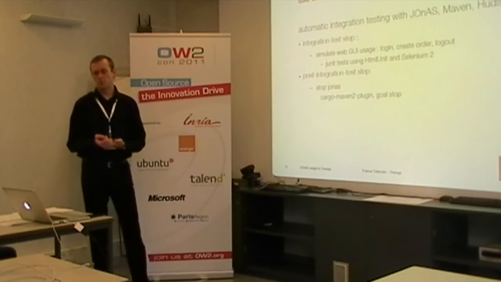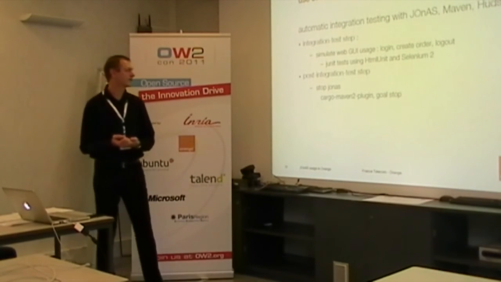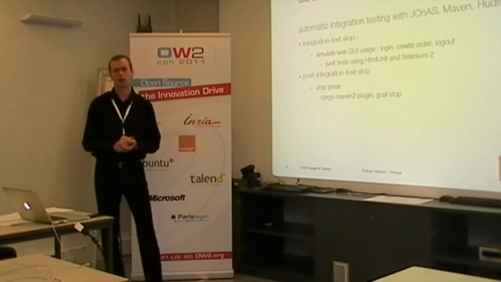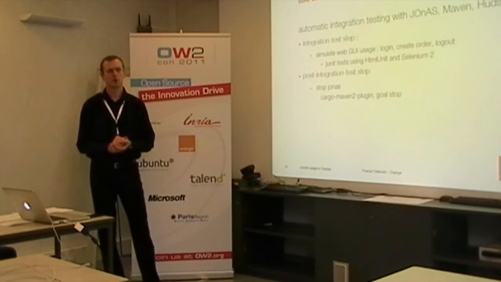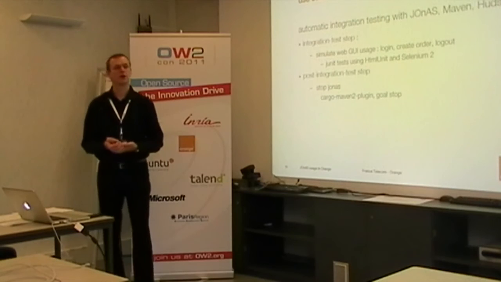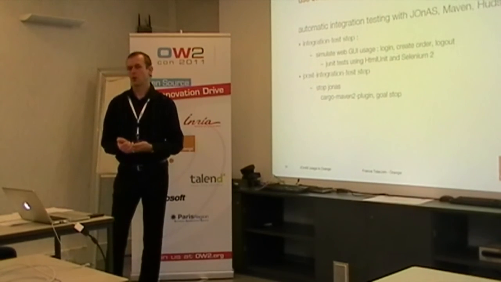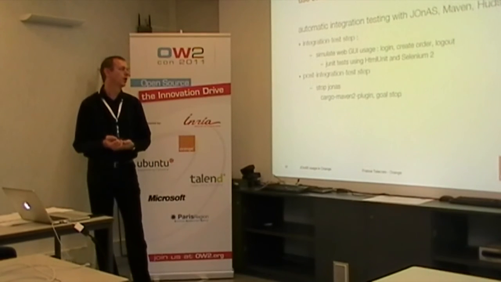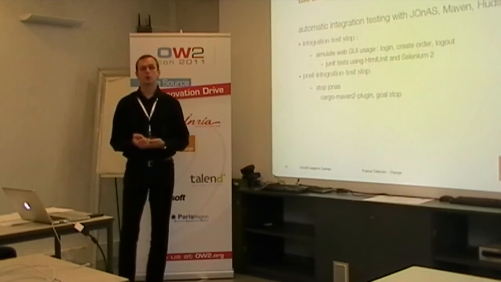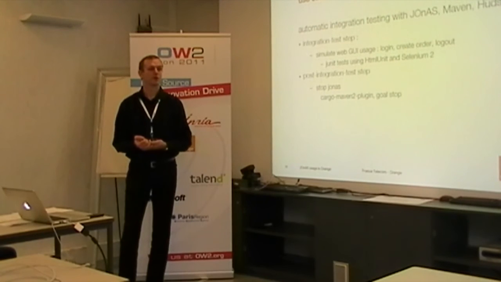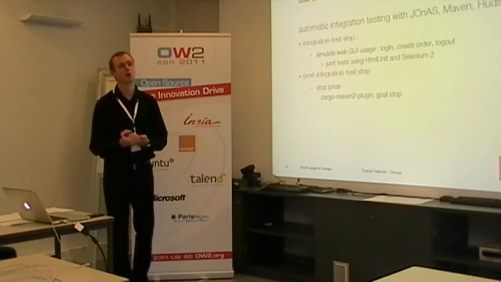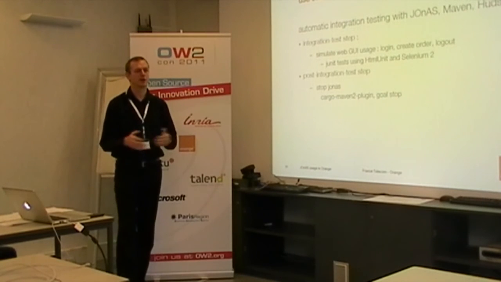And in the post-integration step, we stop JOnAS with the Cargo Maven plugin, the stop goal. So all this is running on a continuous integration platform, and if we decide to change JOnAS version, only one byte to change. It's like 5.2 to 5.3, and everything is done.